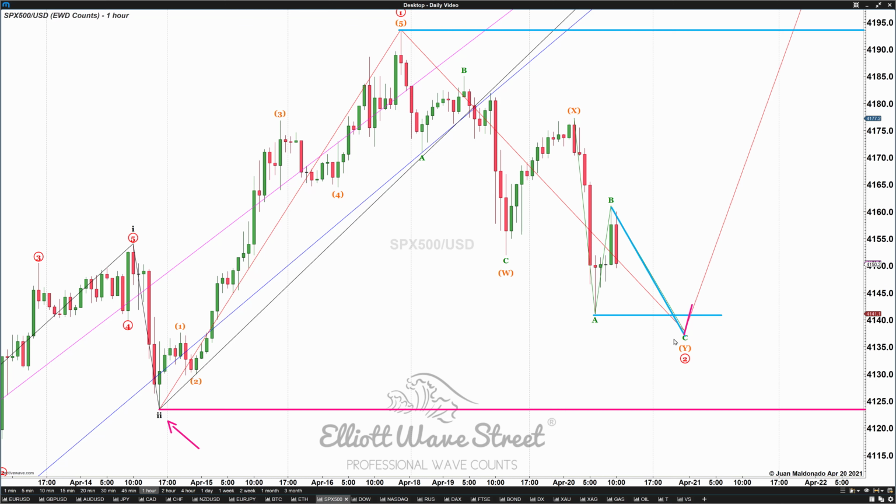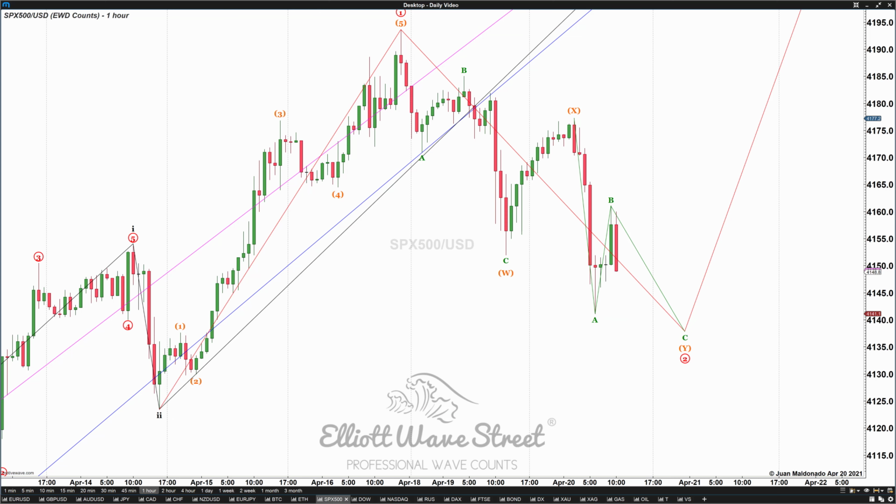Price needs to go down and reverse, and here's the entry. If the price goes down and hits this invalidation, it's not going to be a trade. You see, the difference between waiting for a signal and just trading because of a wave count is a huge, huge difference. All right, traders, so that's the strategy.